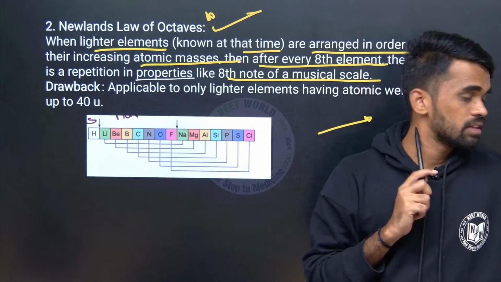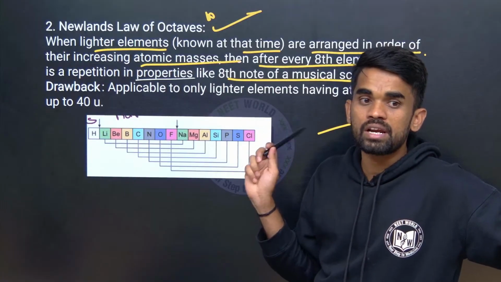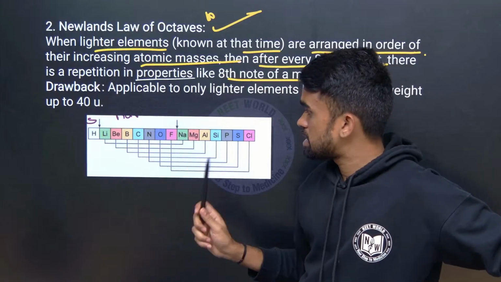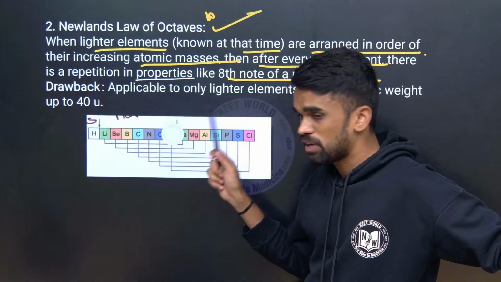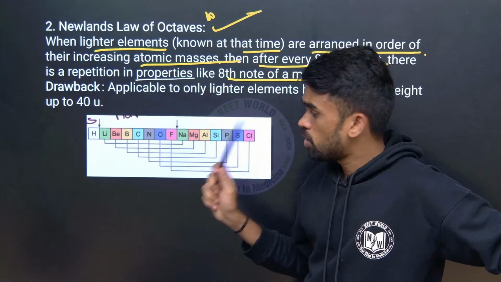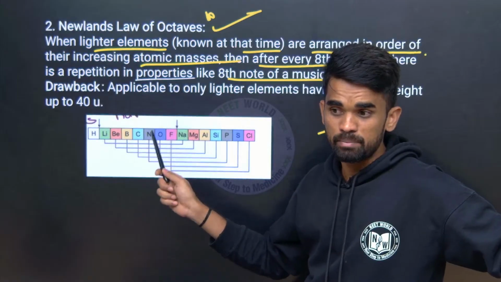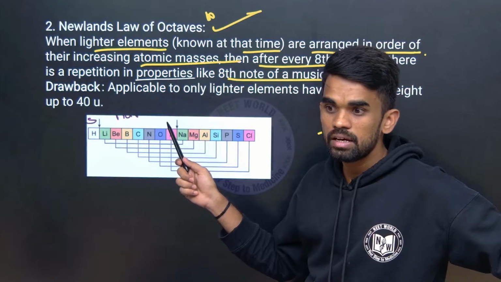When Newlands gave his law of octaves, noble gases had not been discovered. Now if noble gases are introduced, what happens? After fluorine we will have a noble gas, neon. If no noble gas is there, the repetition is at first and 8th. If noble gases are inserted, it should be first and 9th.